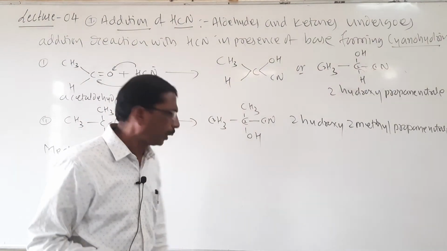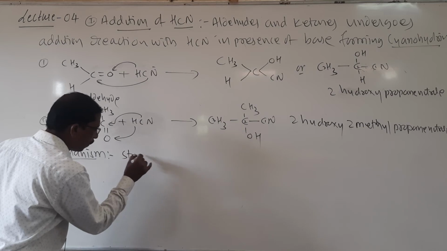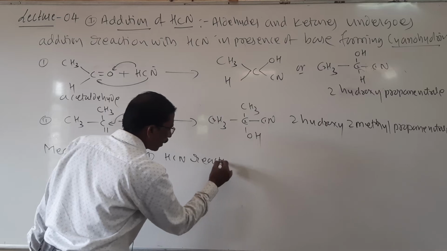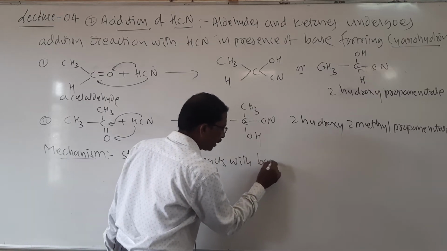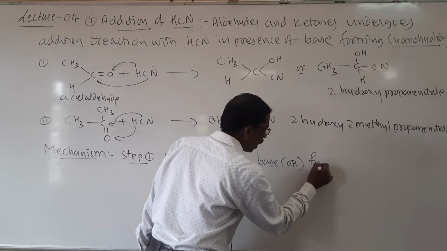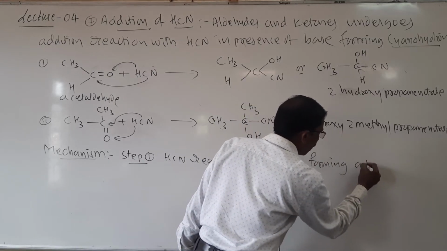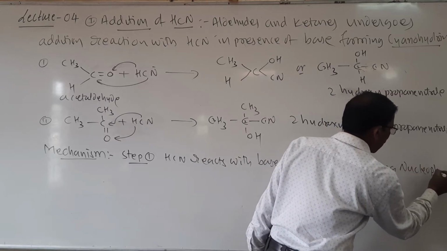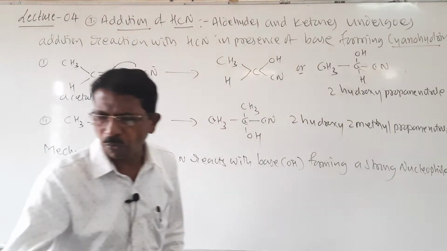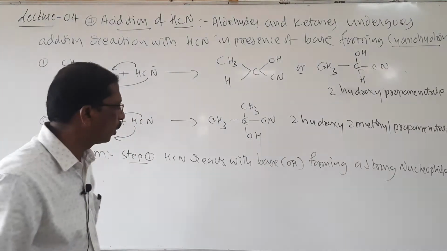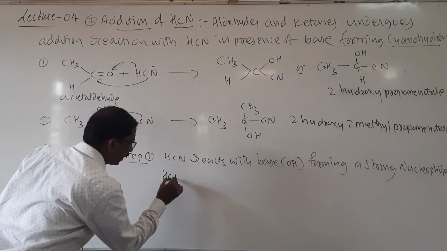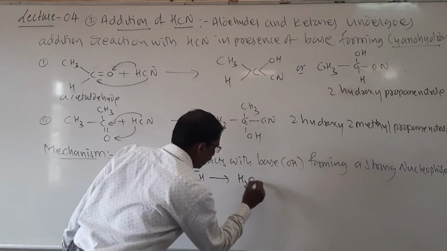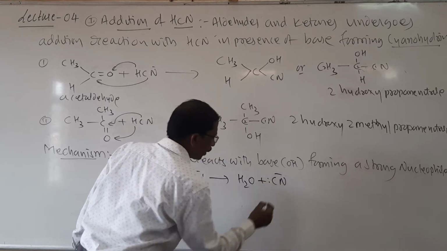The first step, step 1: HCN reacts with base OH minus, forming a strong nucleophile. I will write HCN plus OH minus, it forms a strong nucleophile, H2O and CN minus. This is the nucleophile.